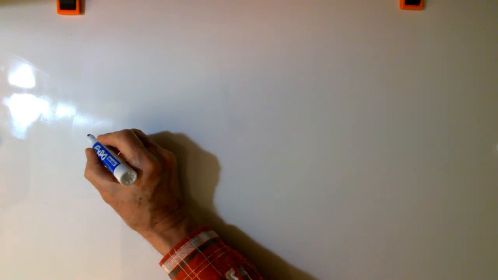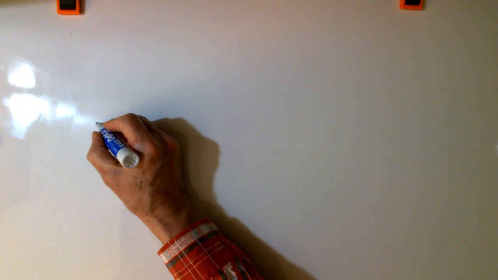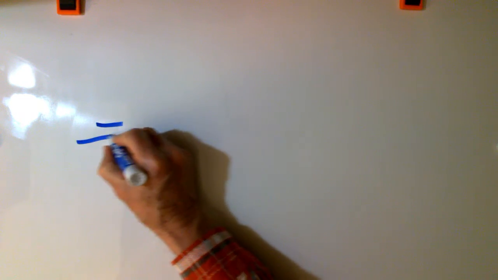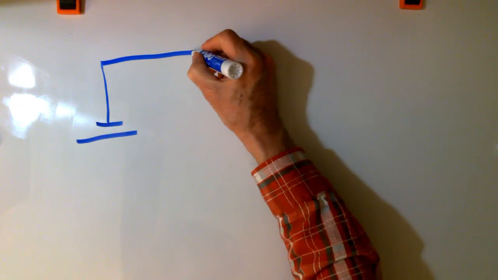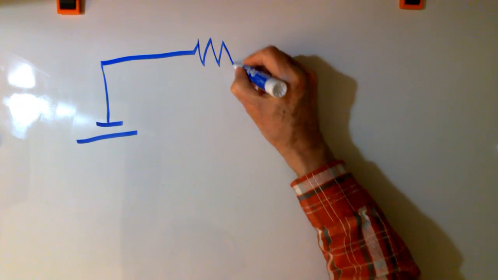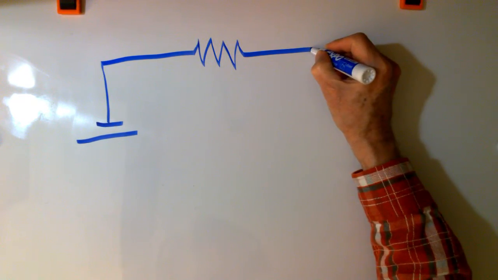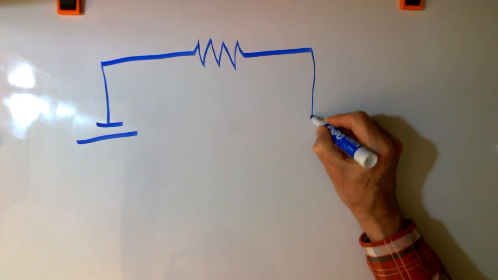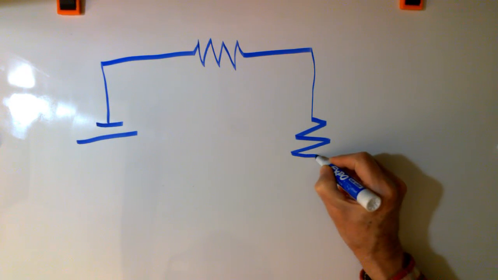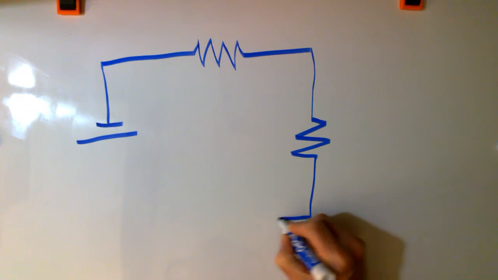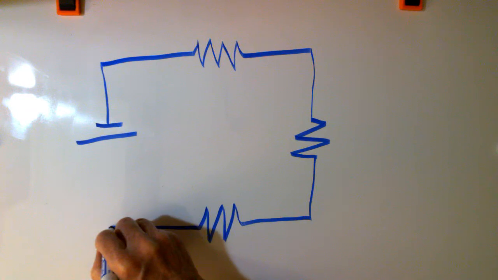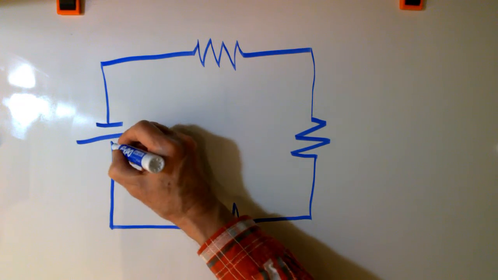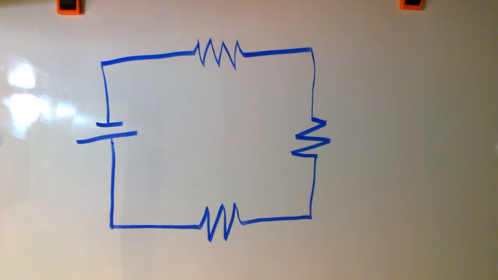So I think we can recognize our symbols here now. A battery, one resistor, two resistors, three resistors, and back to the positive pole of the battery.